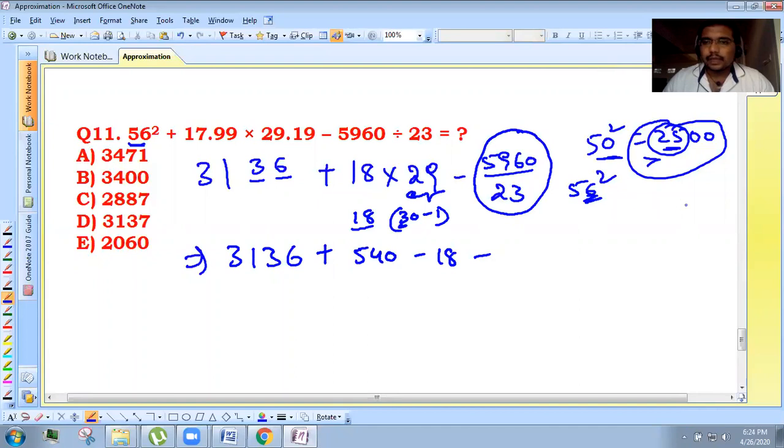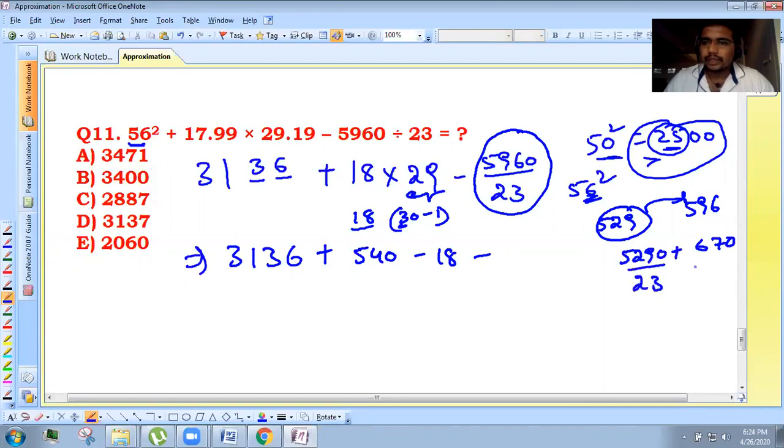Very easy. 596, 529, because they are square numbers already. Here to here the difference is how much? 596 and 529. Very simple. 67. That is 670. 5290 plus 670.